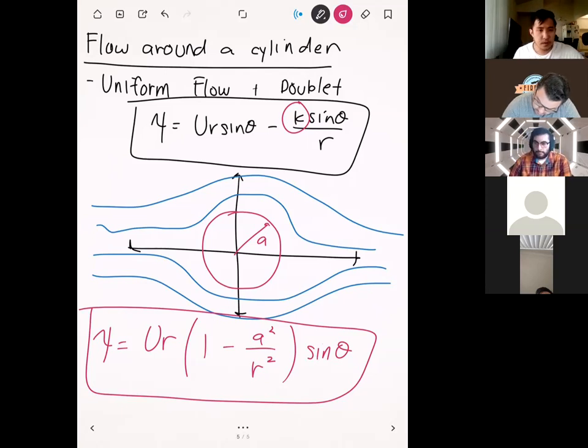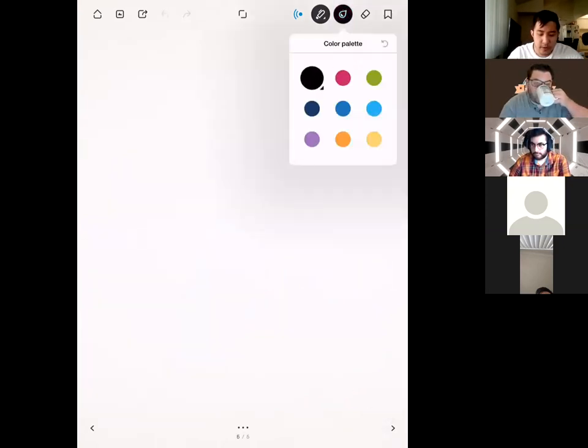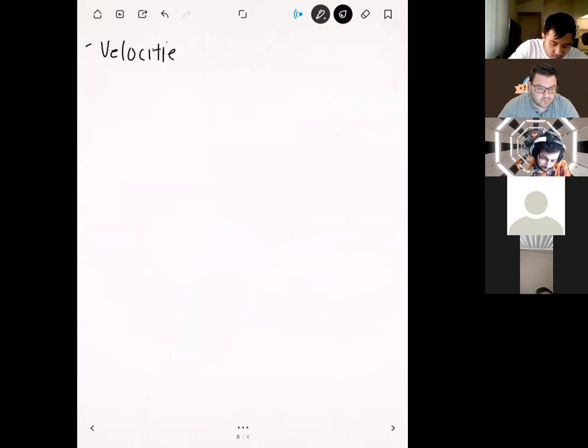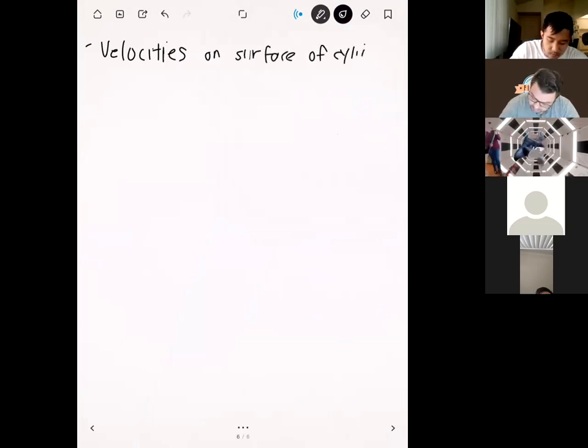Okay. And so just like we've done in the past, we can take the derivatives of this and solve for the velocities. But of particular interest is actually the velocities on the surface of the cylinder. Right. And so let's solve for these velocity components.